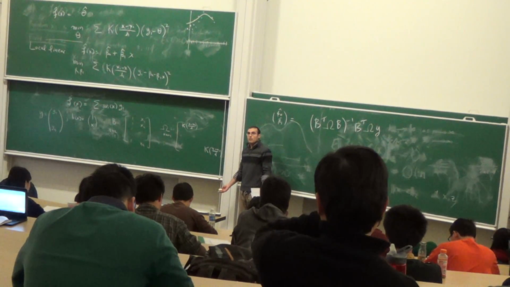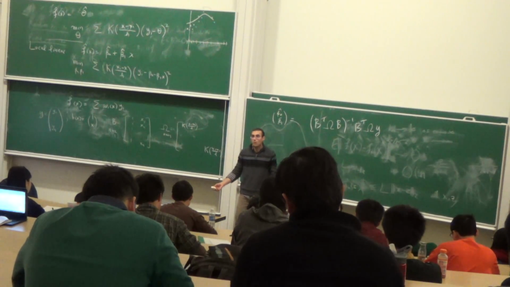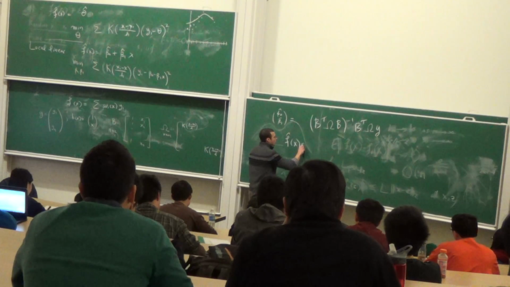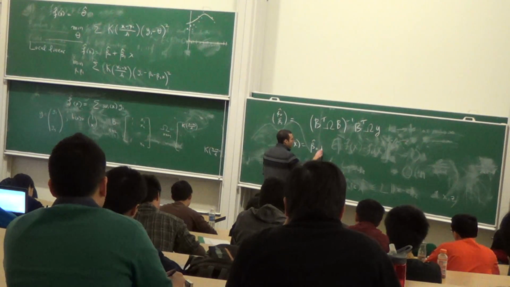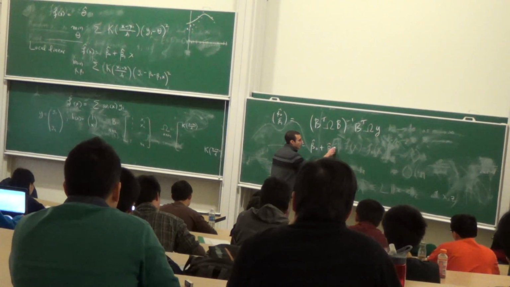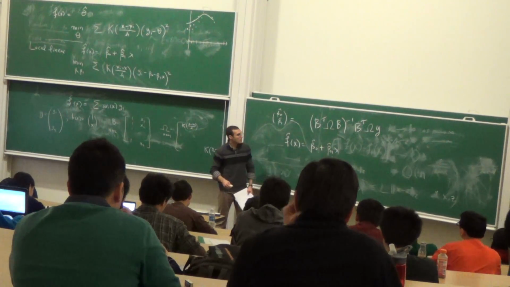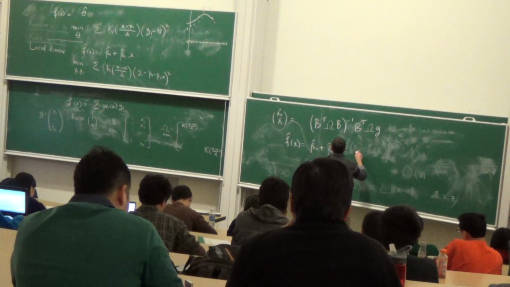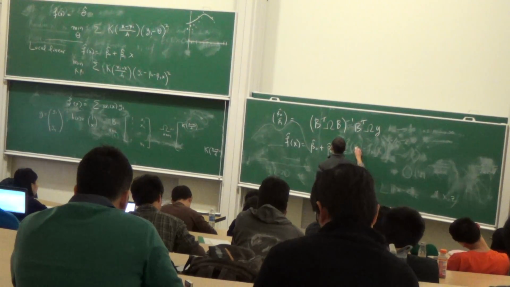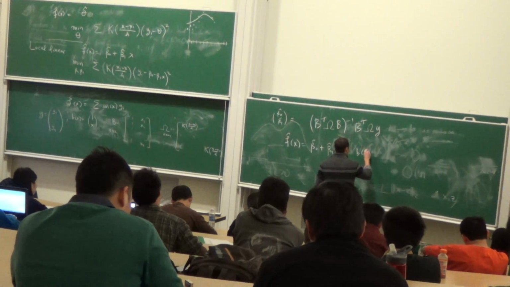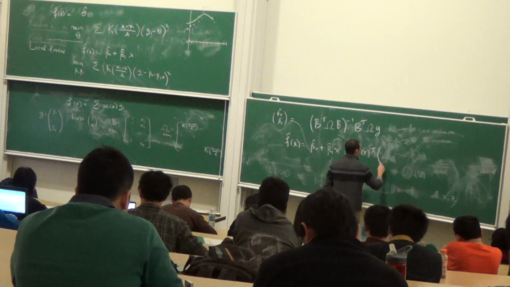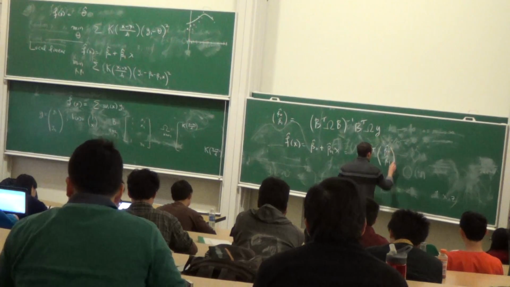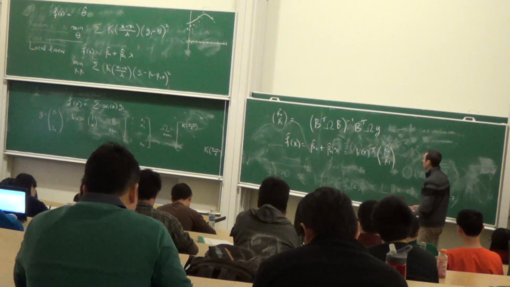Now how do I make a prediction at x? Remember, f hat of x was just beta naught hat plus beta 1 hat times x. I'm just going to write this as b of x transpose times beta naught hat, beta 1 hat. Right?